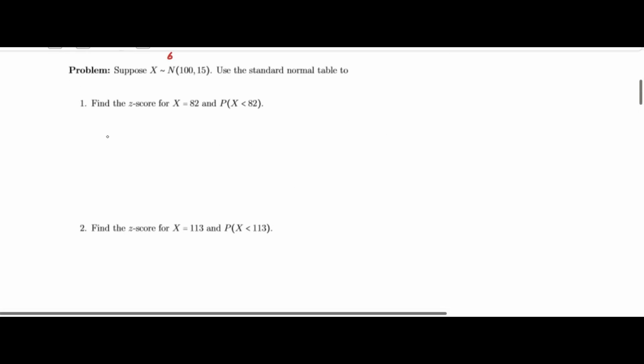Now let's start doing this problem. The normal distribution is with mu 100 and standard deviation 15. I use the standard normal table to compute all these values. The first one says find the z-score for x equal to 82. So how do I find the z-score?